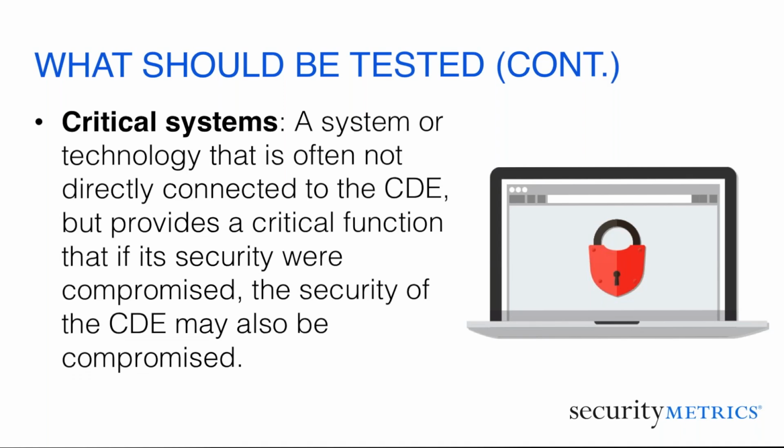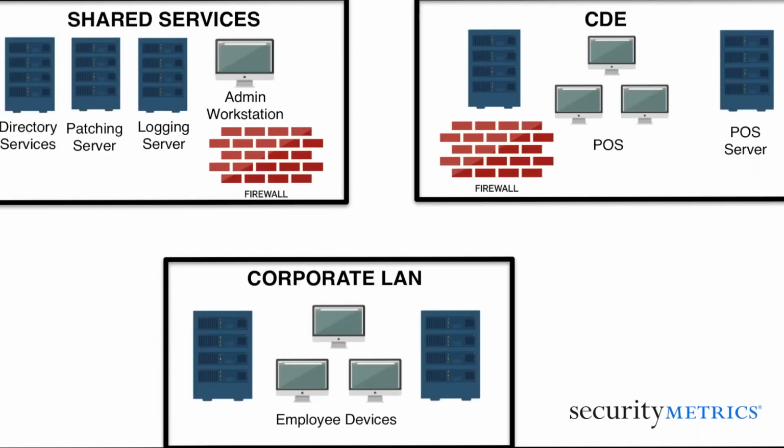In addition to just testing the perimeter, though, it's important to identify this concept of critical systems. In the PCI realm, we've put up the definition there, but they've introduced this, and we've seen a huge improvement in our customers' security as a result of it. Ultimately, what we're looking at is services that support the servers that store, process, and transmit data.